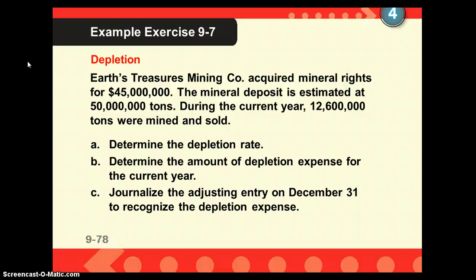Otherwise, try to calculate A, the depletion rate, so the dollar amount per ton. Determine the amount of depletion expense for the current year. Take your rate, multiply it by the tons that were mined, and do the journal entry just like we would with a depreciation expense, except in this case, since it's a natural resource, it depletes, so it would be a depletion expense. Pause and calculate.